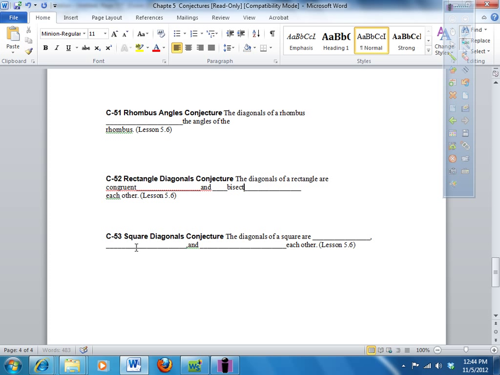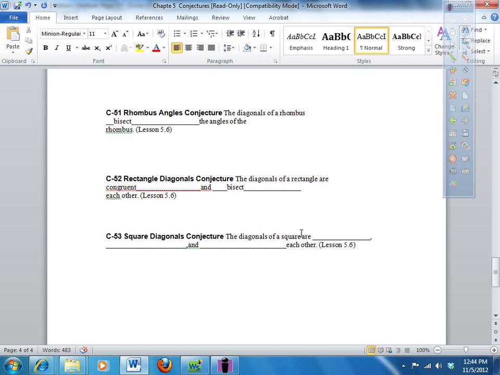Okay? What was the rhombus one? The rhombus angles: the diagonals of a rhombus bisect the angles of the rhombus. Okay? And then lastly, this is something I normally like to discover, but we're kind of interrupted here.